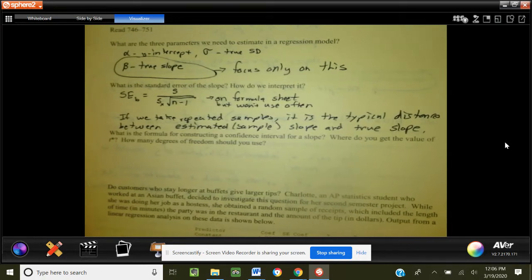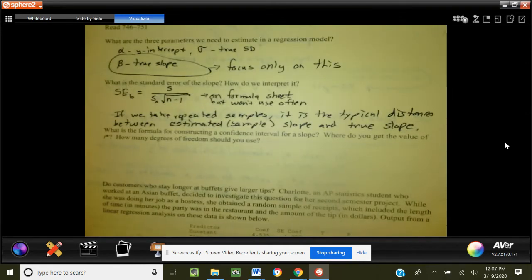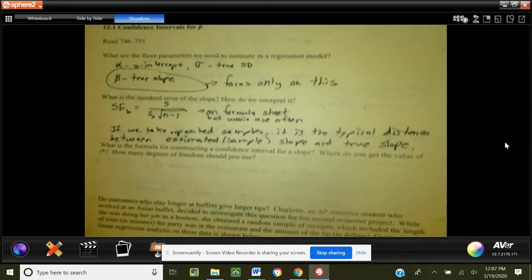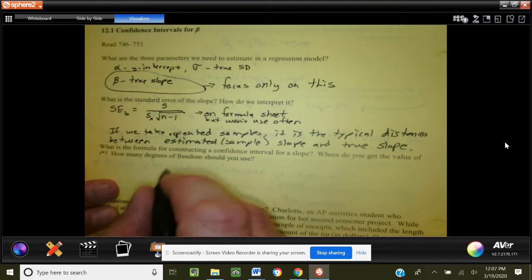We will look at specific problems where you will have to compute it, but again, that's going to be pretty straightforward ultimately. Okay. All right, so as you saw at the top here, we're looking first at confidence intervals for slope. How do we estimate the true slope of a linear model? So we need a formula for constructing the confidence interval for slope. So let me write it here. It's really easy.